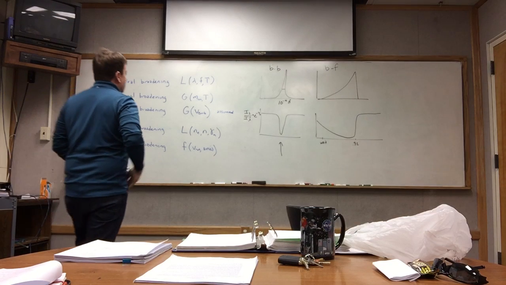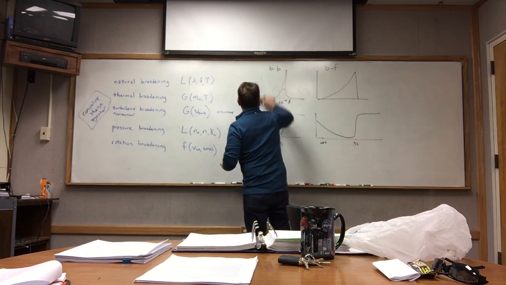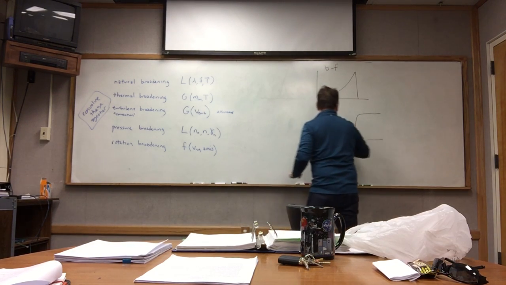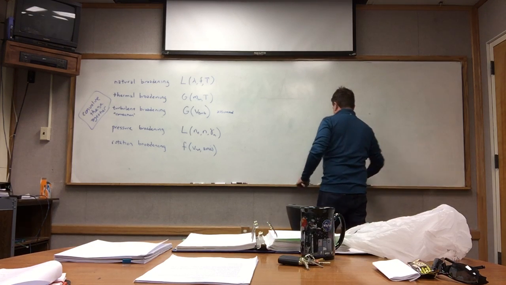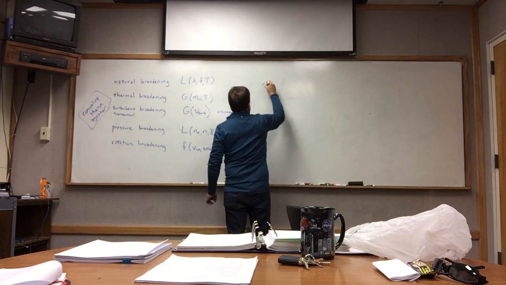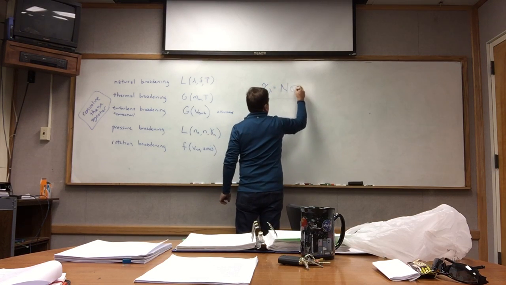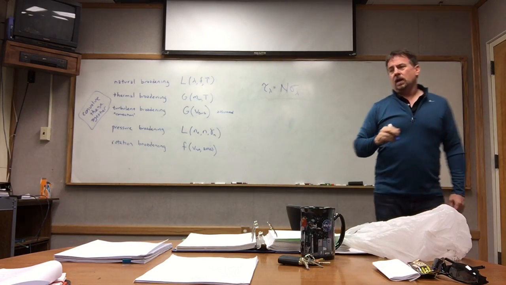Okay? So we know that we can write tau, for natural broadening, as the column density times the sigma for the natural broadening. Okay?